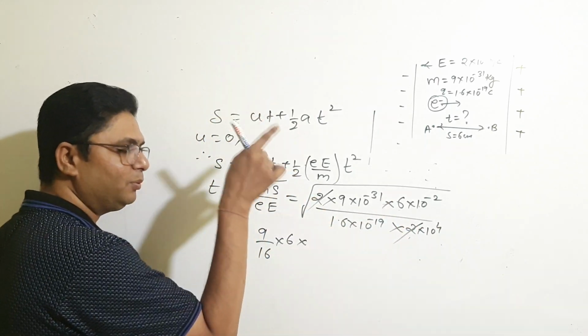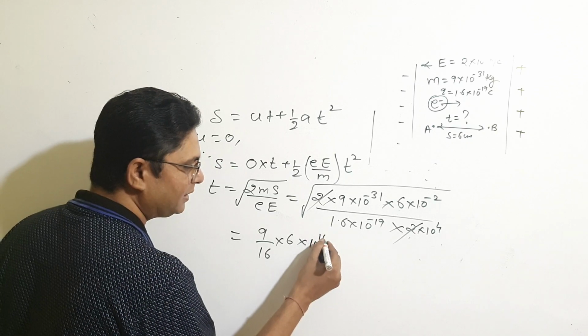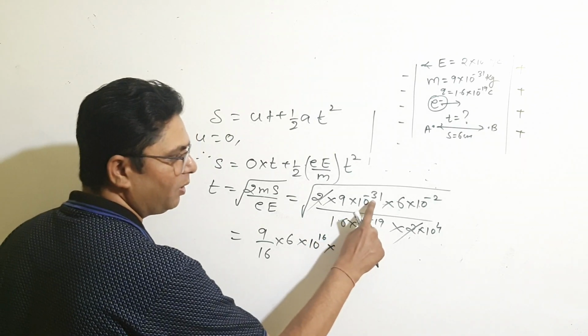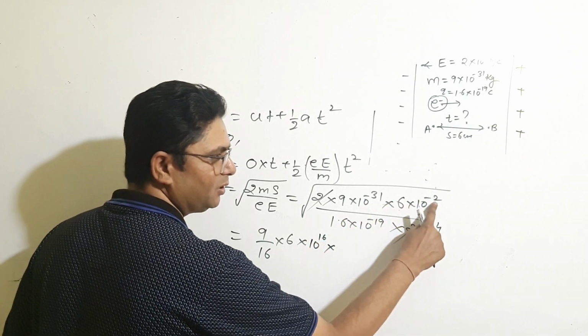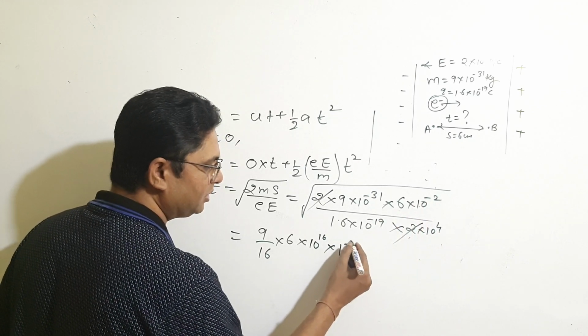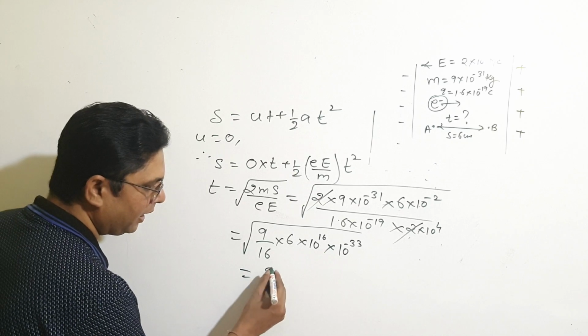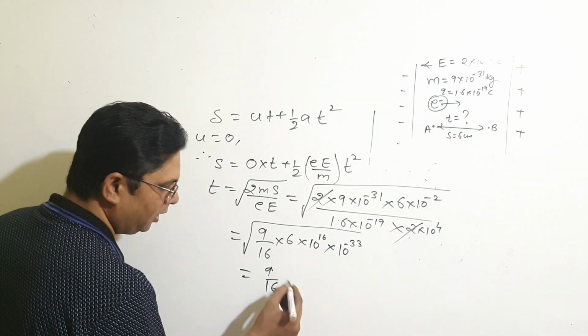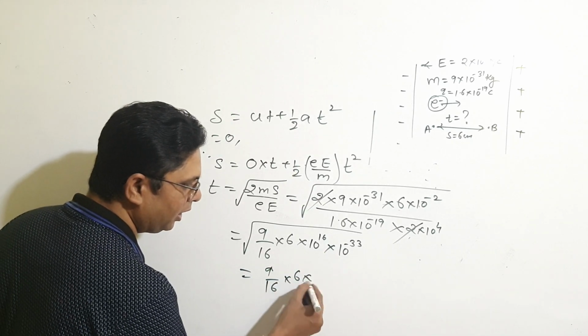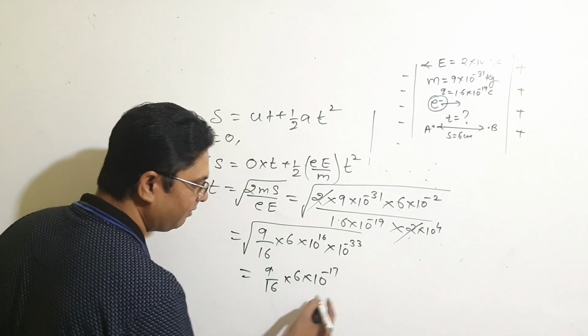When you move it upside, you have 10^+16, and you have 10^-31 and 10^-2, which is 10^-33 already here. So you have 9 upon 16 into 6 into 10^-17.